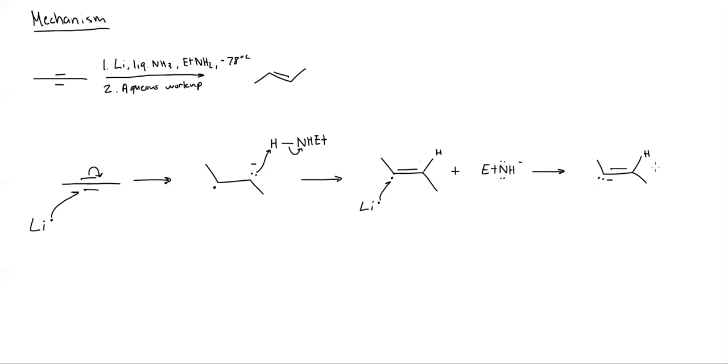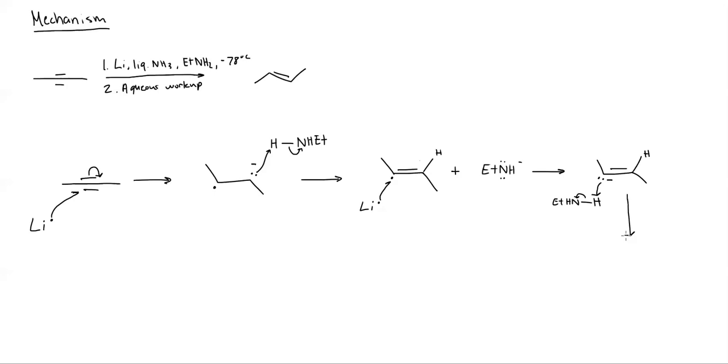So now I have a negative charge, and all that's going to happen is another ethylamine is going to come in. Let me redraw this a different way. So another ethylamine is going to come in, and the hydrogen is going to get taken off.